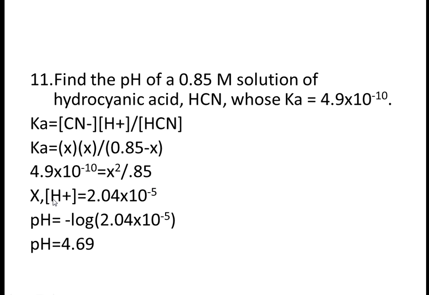And then you solve for x, which is also the concentration of H+, and you get 2.04 times 10 to the negative 5. So then for the pH, you take the negative log of that concentration, and you get 4.69.